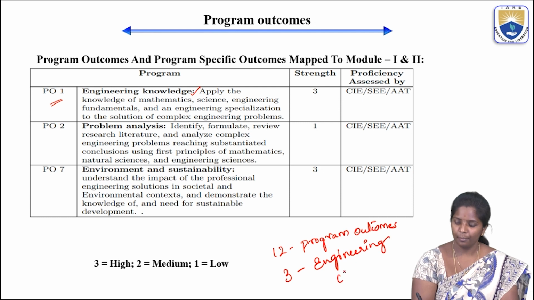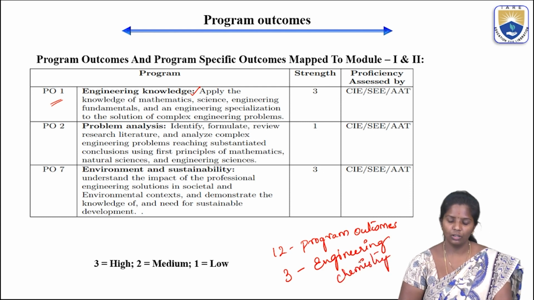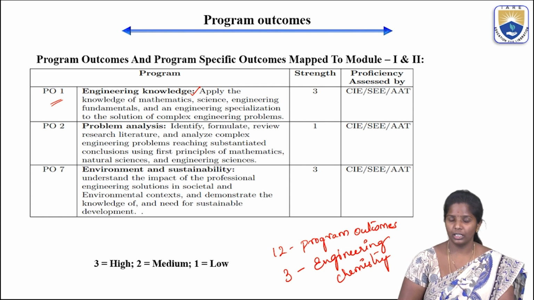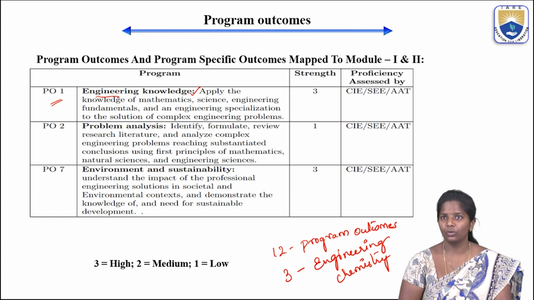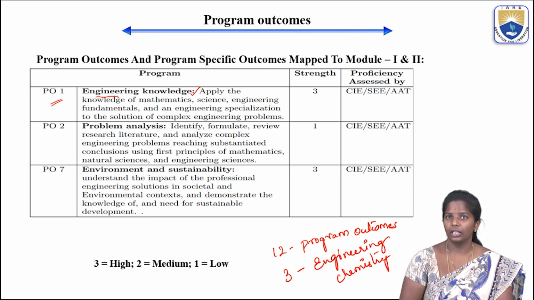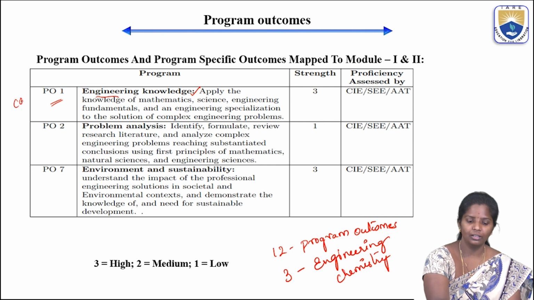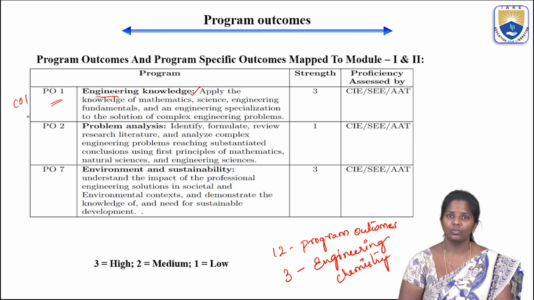Why? Because only some topics are relevant to only 3 of the program outcomes. The first one, PO1, engineering knowledge, because we are applying mathematics, science and engineering fundamentals in calculation of electrode potentials, EMF calculations and so on. So CO1 is matching with PO1.